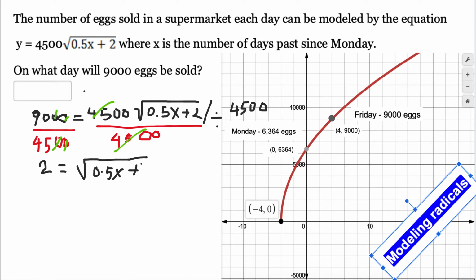What we are doing now is squaring both sides of this equation.